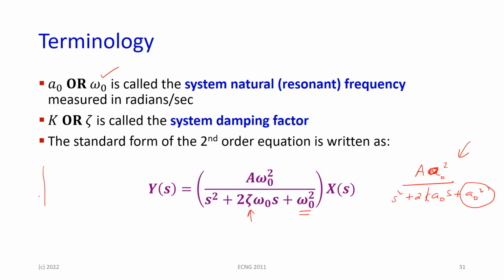You get a response looking like this. If the damping is very small, or negative, you get the system doing that. And if the damping is between 0 and 1, you can get some overshoot all the way up to oscillating all the time. Okay?